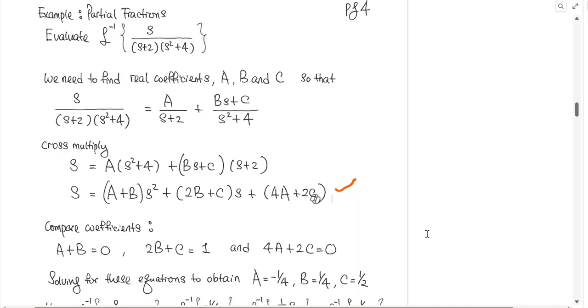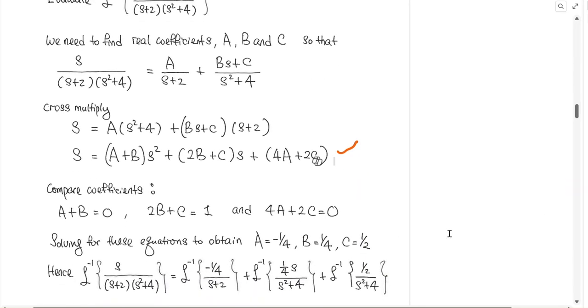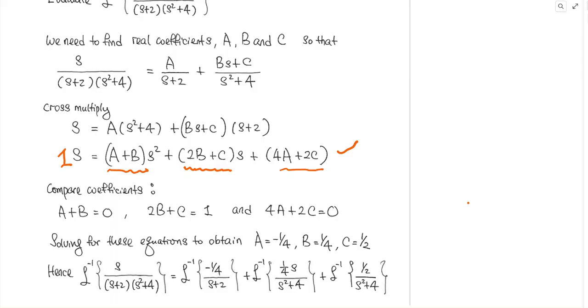And then now you do the comparing coefficients method, right? This has to be true for all s, and this only happens if the coefficients match, right? So this one here better match with 1. This one here better match with 0. So is this, because this one here should match with something like this, right?